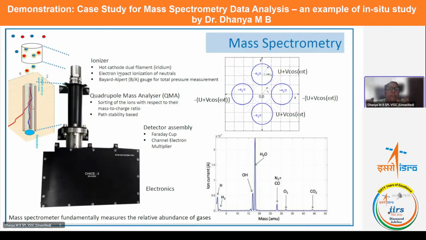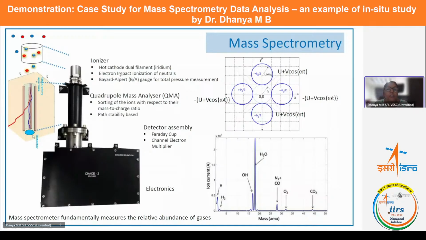Because of this, for a given AC and DC combination, the ions oscillate, and only ions of a given mass-to-charge ratio will be allowed to pass through. So the voltage will decide the mass which will finally be filtered in.